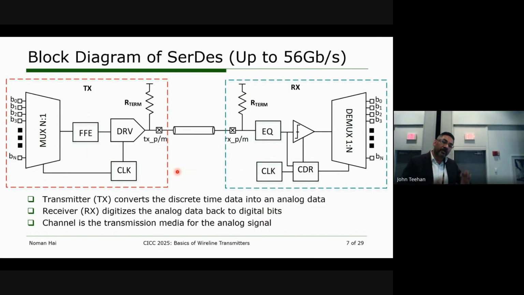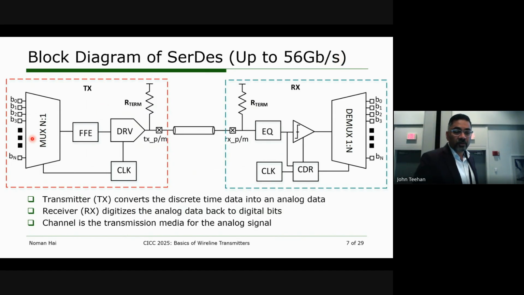Now I'm going into a little bit of circuits. This is a block diagram of a SerDes, which we use quite often in our design. This is up to 56 gigabits per second. These are a little bit older information; nowadays things have changed, but the basics remain the same. I am talking about the left-hand side.